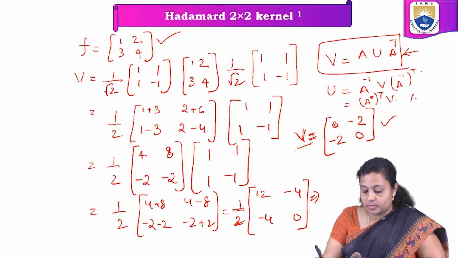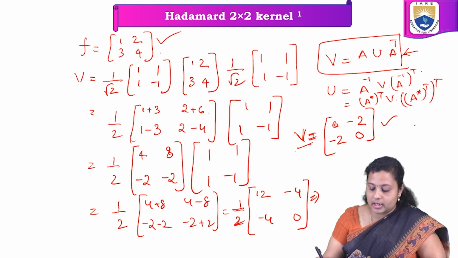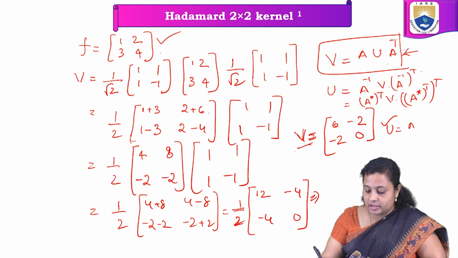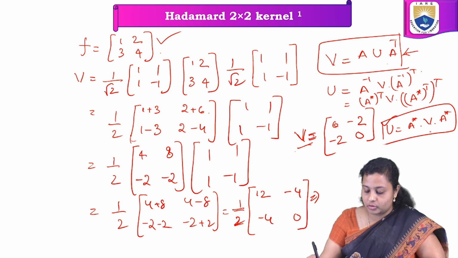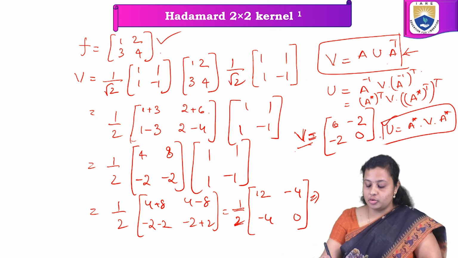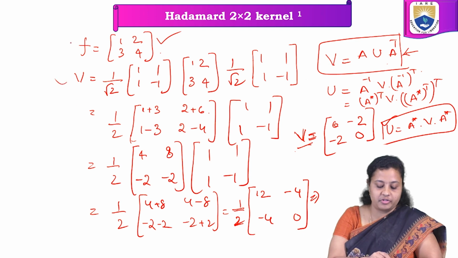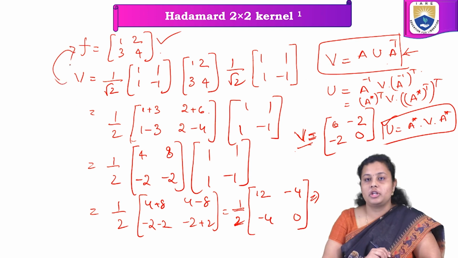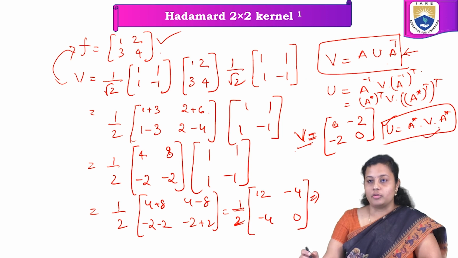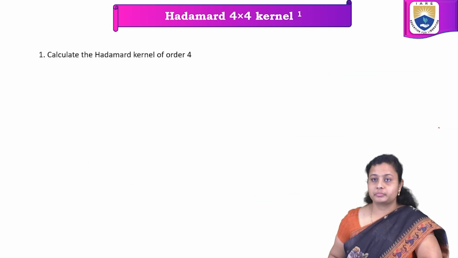So I get back my U as A conjugate transpose into V into A conjugate transpose. So I can get back my input image f by using this formula, right?